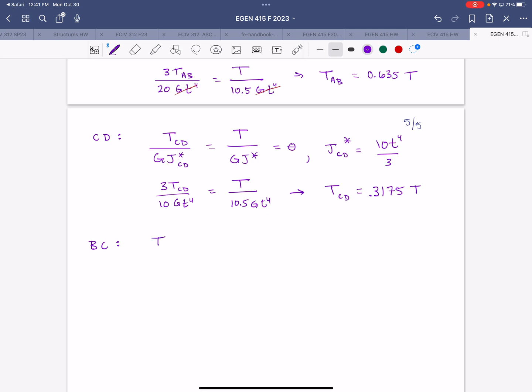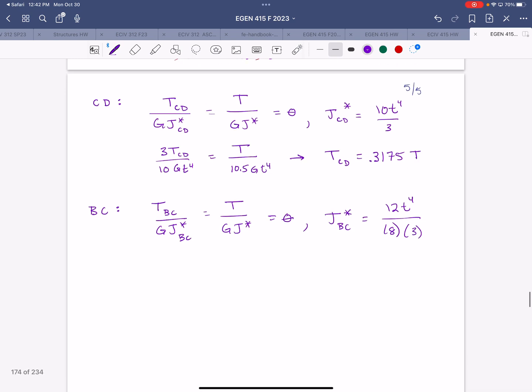So I'm going to go ahead and do the full calc. Torque in BC over GJ star for BC is equal to torque over GJ star, where J star for BC is equal to 12t to the fourth over, we have to cube the 2 in the denominator because the thickness is half of t, so 8 for that, and then 3 from the formula.